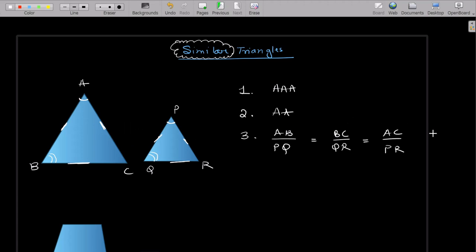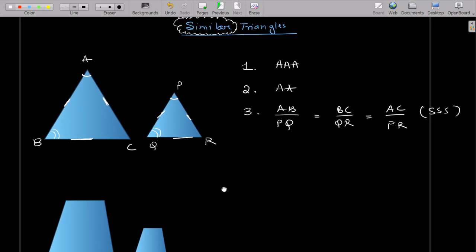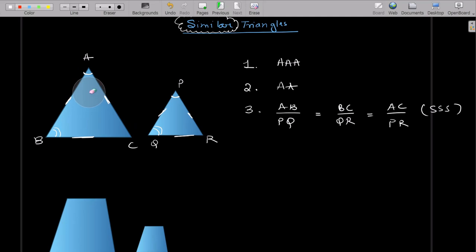This rule is called SSS, but here the meaning of SSS is that all the three sides are in proportion. You would have done this in geometry, right? In high school geometry, yeah.